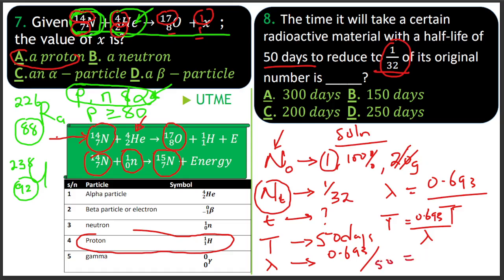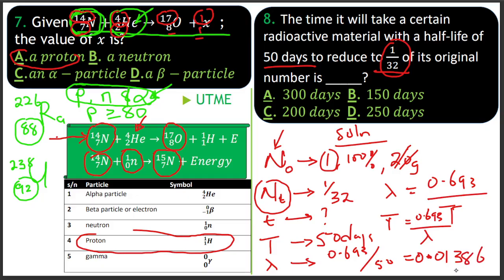And this will give us what? Let's punch. Okay, so it will give us 0.01386 approximately.